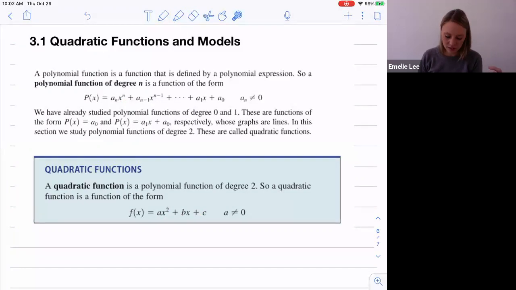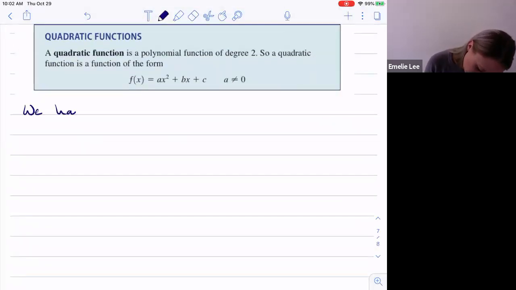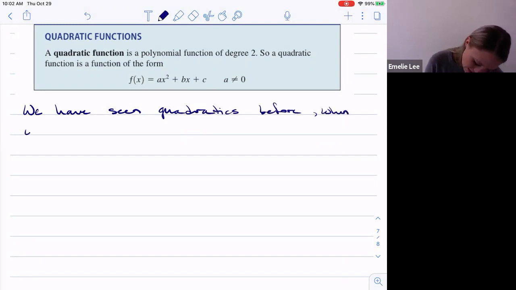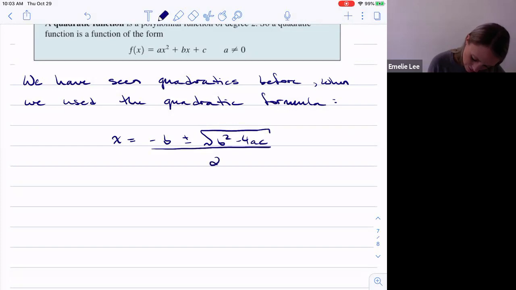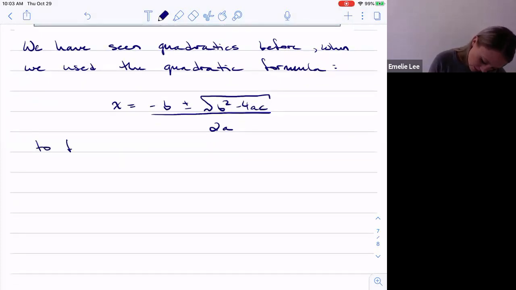So we've seen quadratics before, when we used the quadratic formula, which is x equals negative b plus or minus the square root of b squared minus 4ac, over 2a, to factor a quadratic.